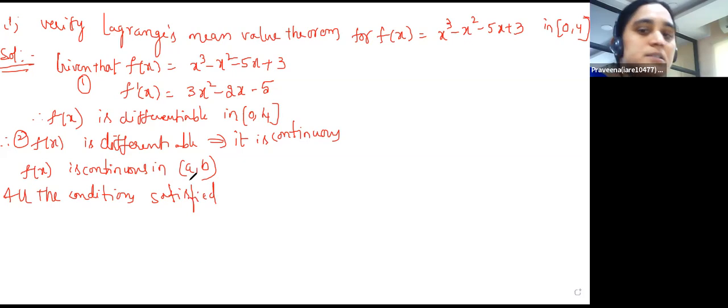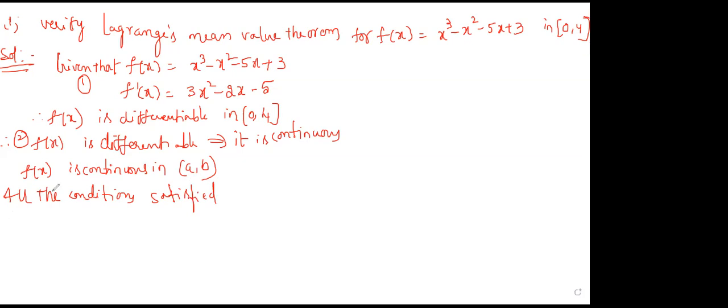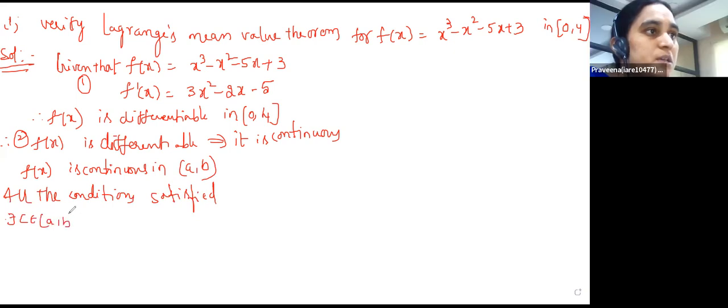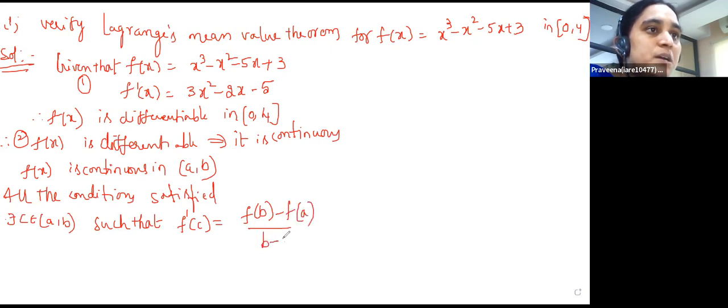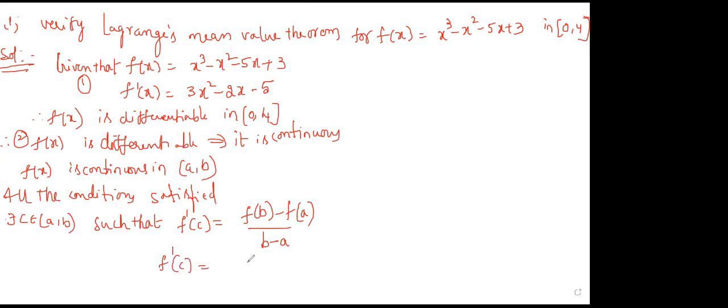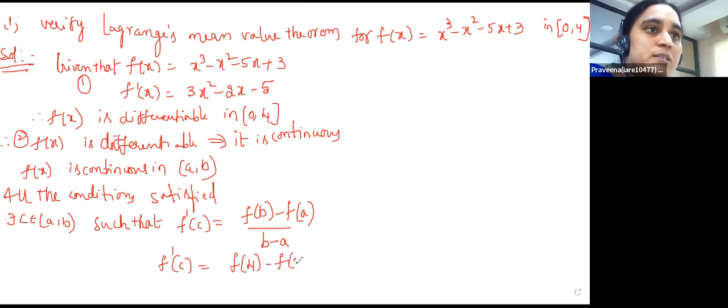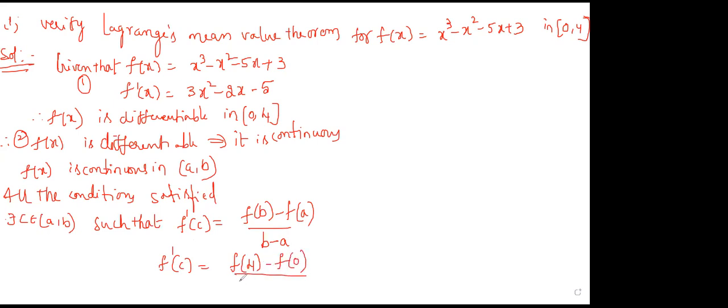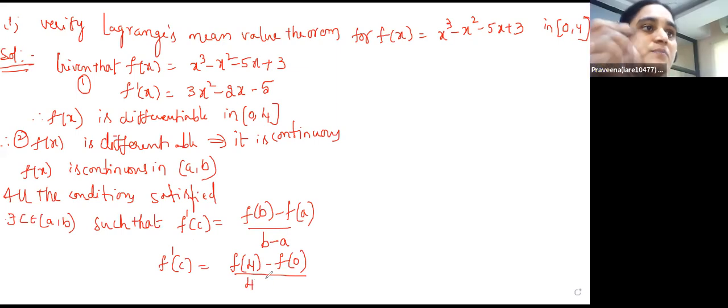So there exists c belongs to a comma b such that f dash of c is equal to f of b minus f of a by b minus a. Here b is the end point, so f of 4 minus starting point f of 0 by 4 minus 0.